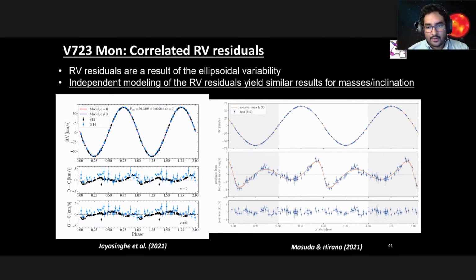As shown in the figure on the right, they were able to come up with a model to fit the residuals and obtain similar results for the component masses and orbital inclination. Since similar results were obtained from 2 different methods, we are confident about the masses and the orbital inclination for this system.